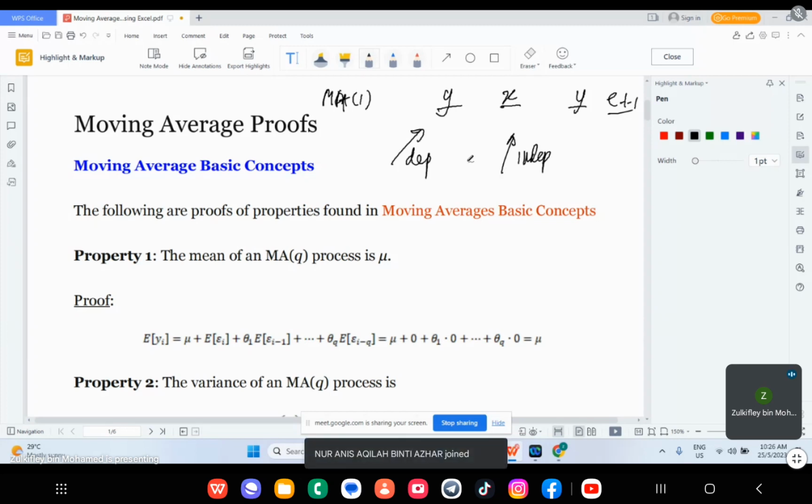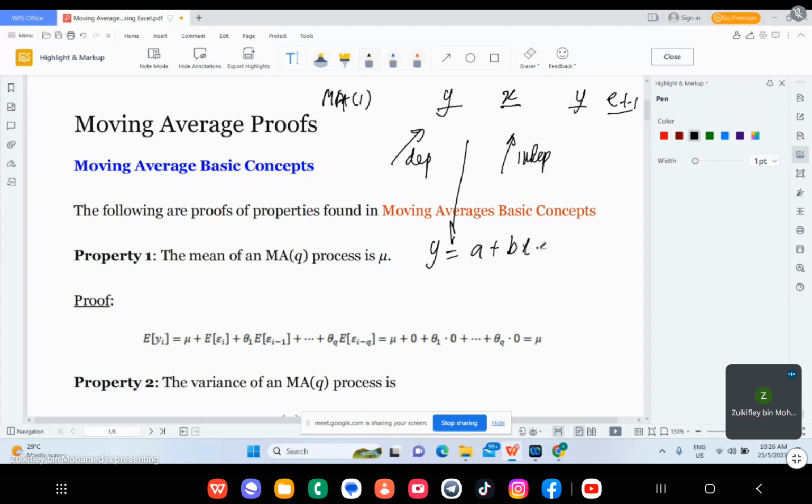So kalau konsep regression, Y dengan X lah, so Y is equal to A plus B X plus epsilon. That is the concept of regression. Sama juga dengan MA1.